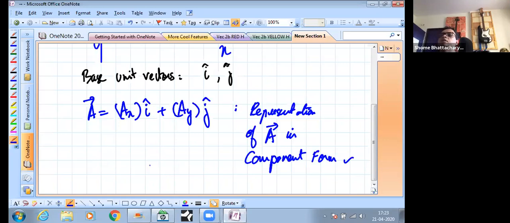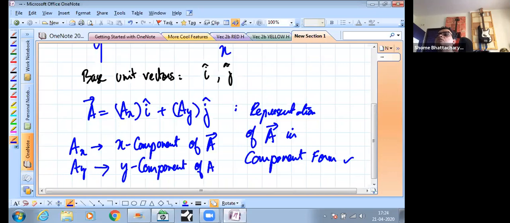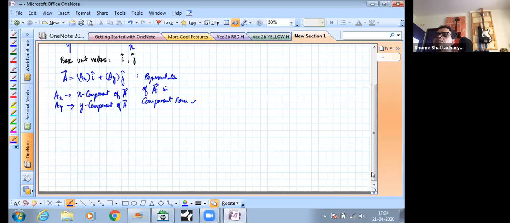This is how we write it, where Ex and Ey are called the x component, or component of vector E along the x-axis, and Ey is called the y component of the vector E. So first just make a quick note of this, then I'll explain more.